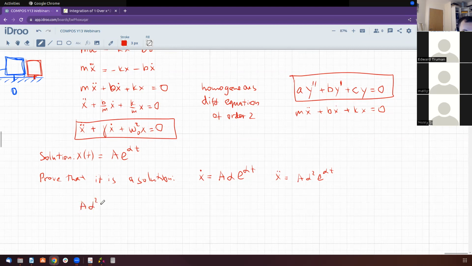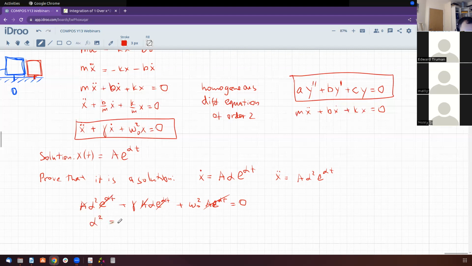A alpha squared e^(alpha t) plus gamma a alpha e^(alpha t) plus omega 0 squared a e^(alpha t) equals 0. We cross out a e^(alpha t).